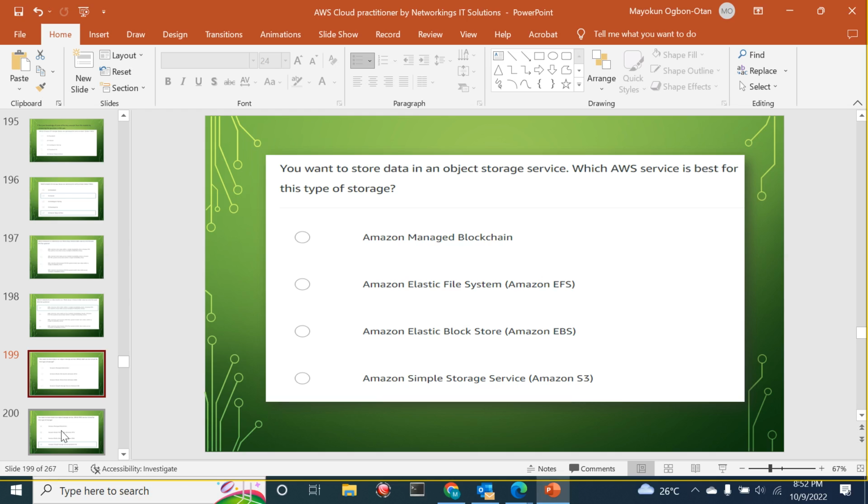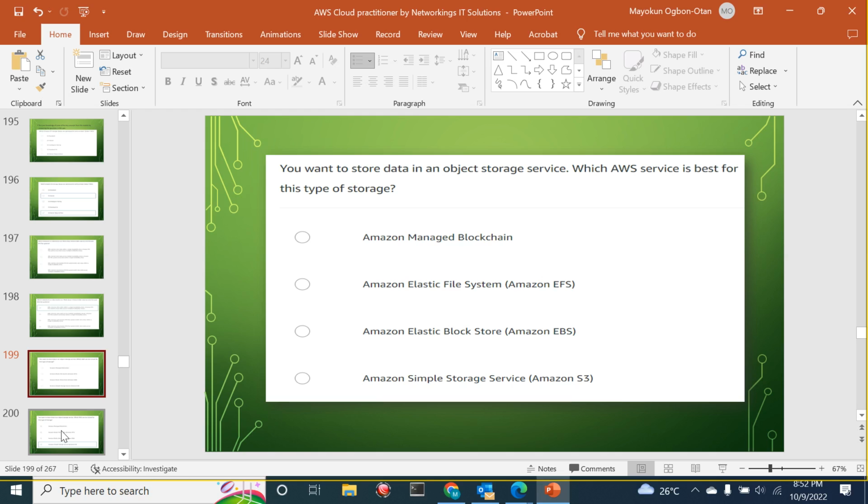You want to store data in an object storage service. Which AWS service is best for this type of storage? Amazon Managed Blockchain, Amazon Elastic File System, Amazon Elastic Block Store, Amazon Simple Storage Service.